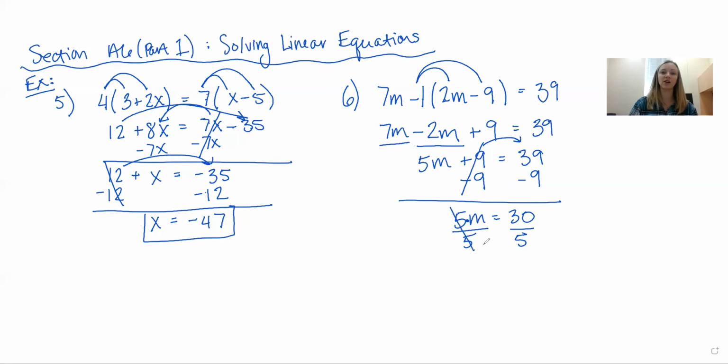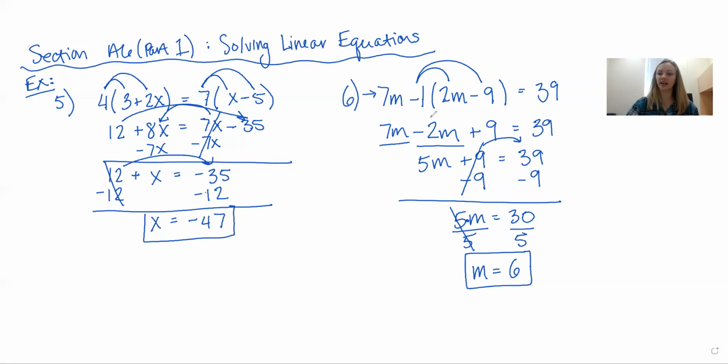The 5's cancel out, and we get m equals 6. If you wanted to check this one, just make sure that you take the 6, plug it back into the very first equation that you started with. Just in case you messed up on simplifying, that'll help you determine where your mistake was if you made one.